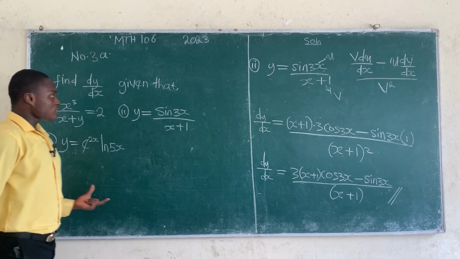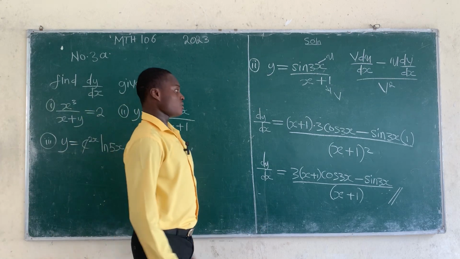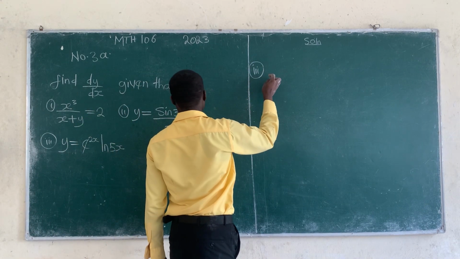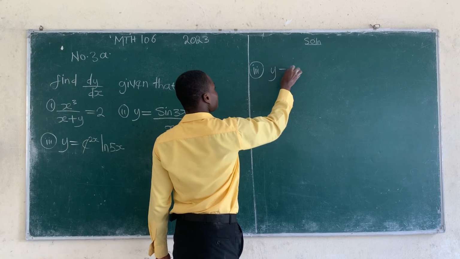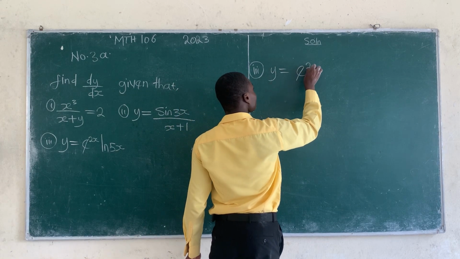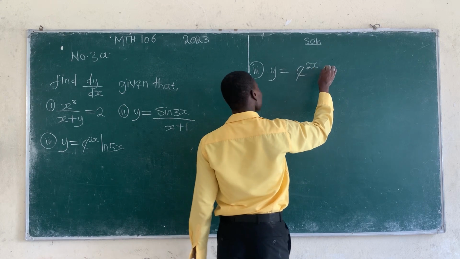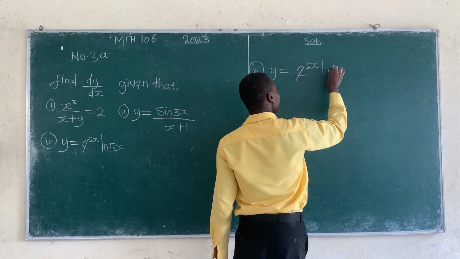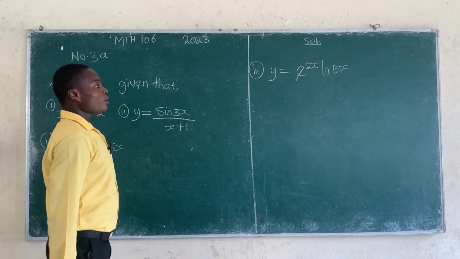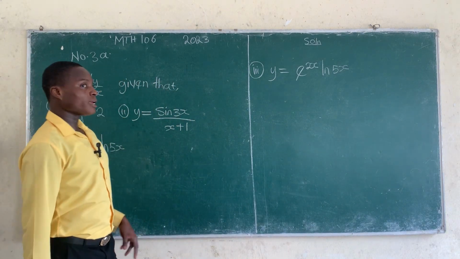Because of no space here, I'm still going to be wiping this. So I says y is equal to exponential 2x ln 5x, and we are to find dy/dx.